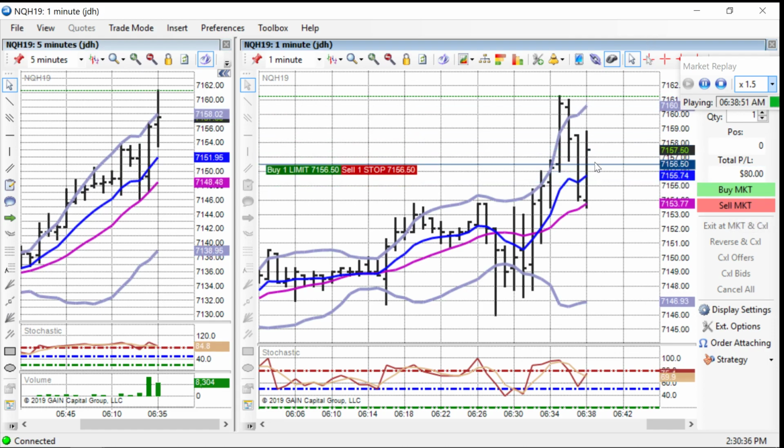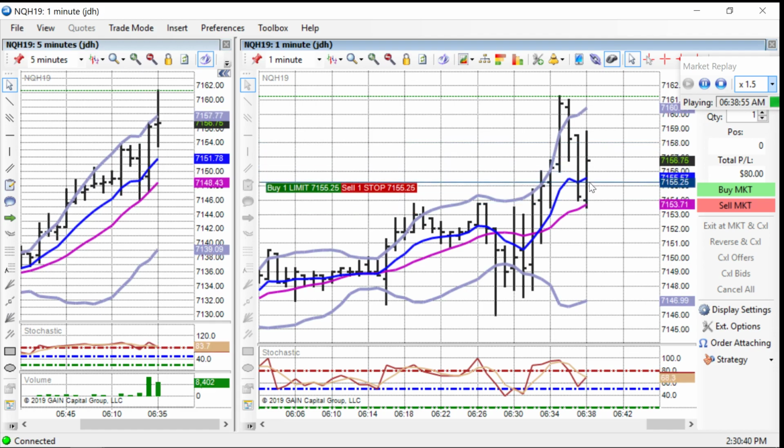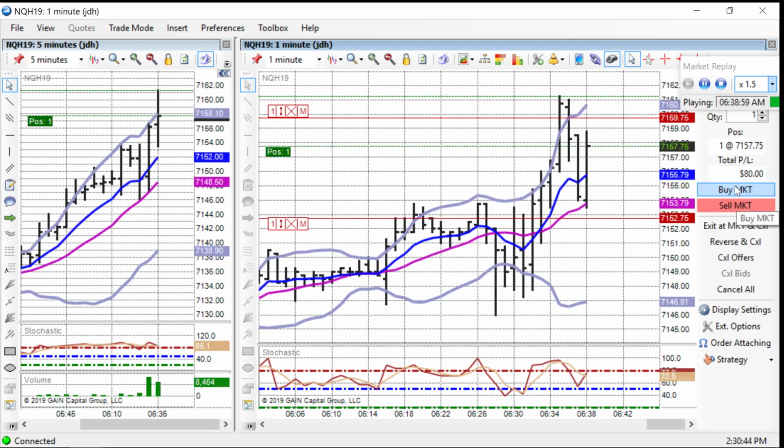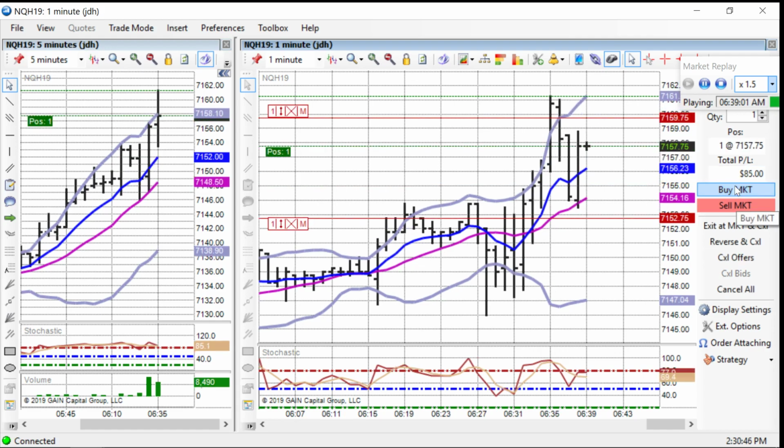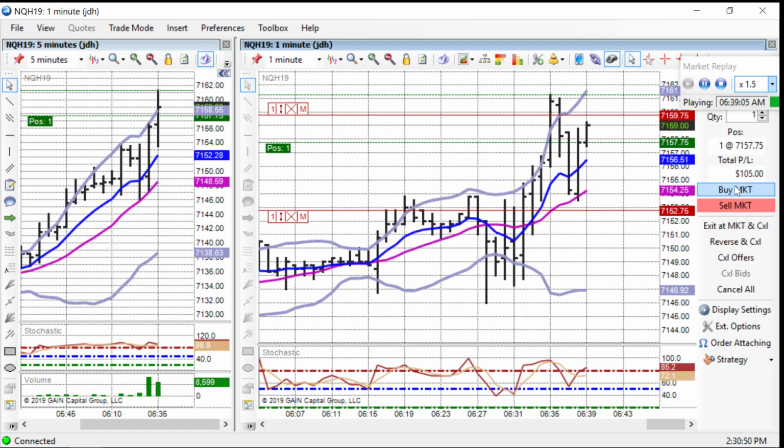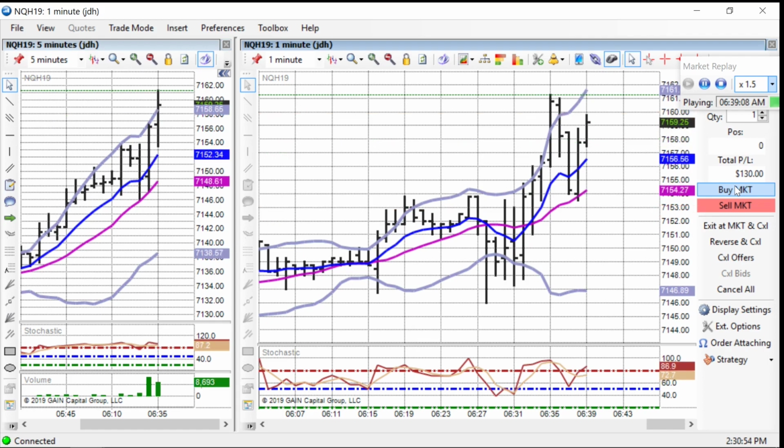So I think I can get another trade at it. Normally you want one trade per swing, but why not try that again since my targets are so low at 2 points. Can try it again.